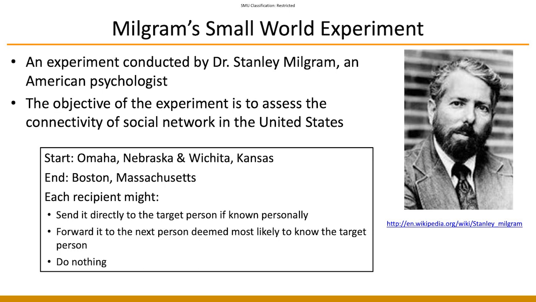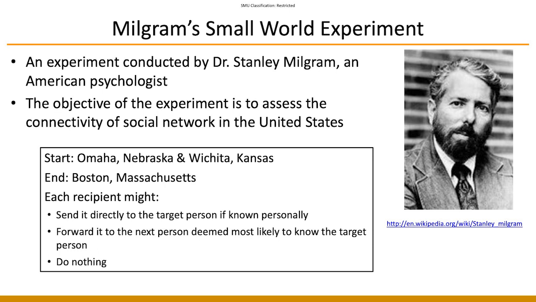He's a psychologist by training, but very early on, before even the invention of email or any social network software, he tried to investigate how individuals are connected to each other. How many social interactions would be required to connect any two individuals within the United States.